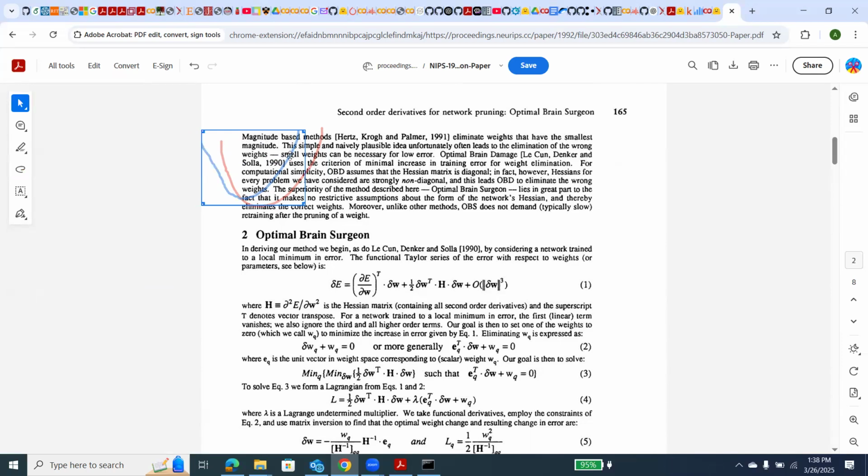So let's remove one neuron and then update other weights such that the new loss function will be shifted to the position of the original loss function.